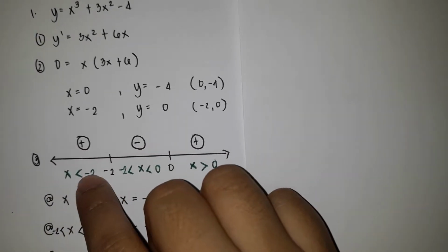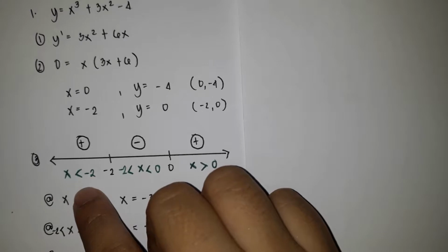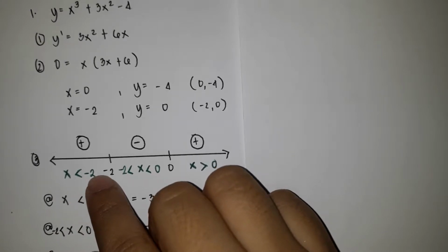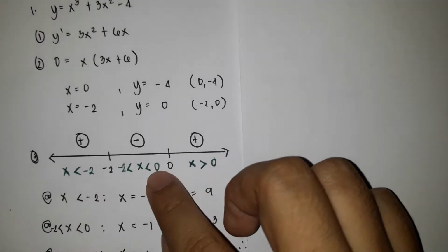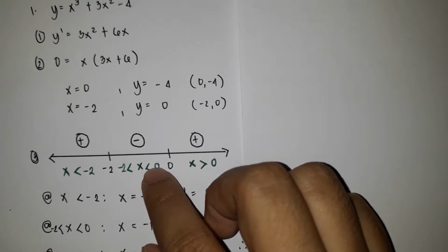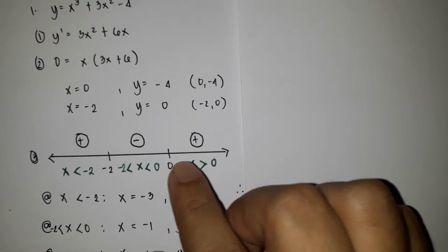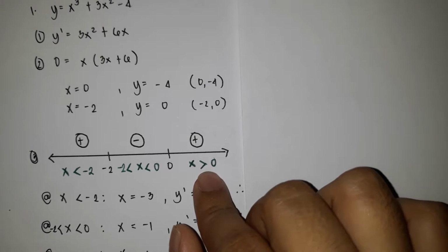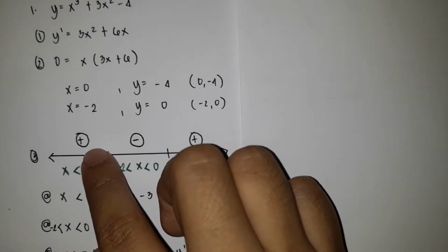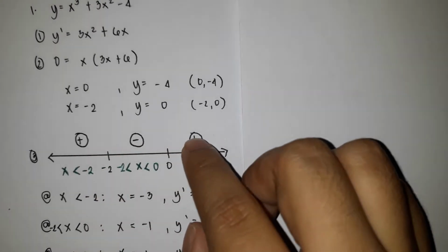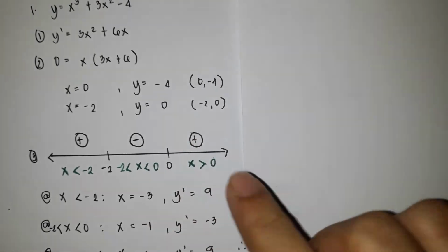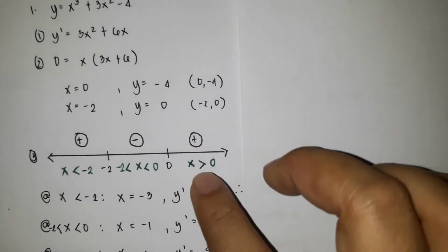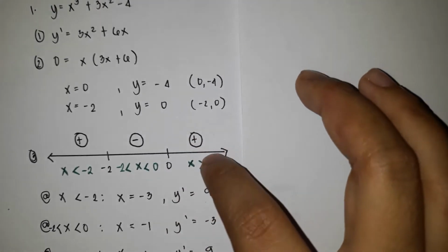So we are going to use x that is less than negative 2, x that is greater than negative 2 and less than 0, and x that is greater than 0. As you can see, there are positive, negative, and positive signs here, so I'm going to explain later why I wrote it there.